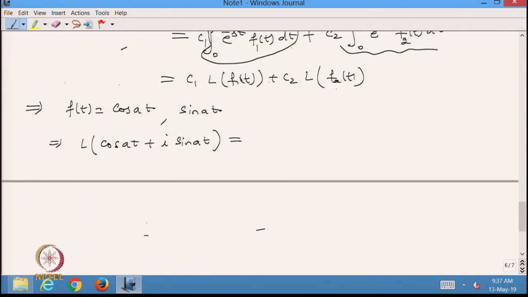So, just now I told that the Laplace transformation is a linear transformation.